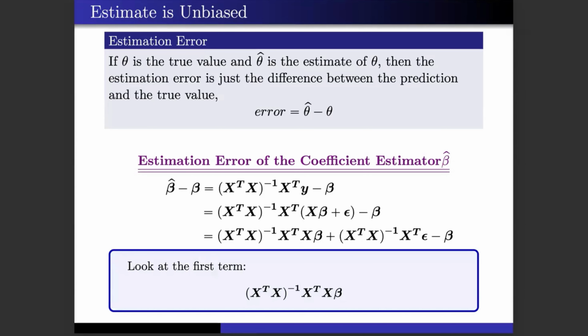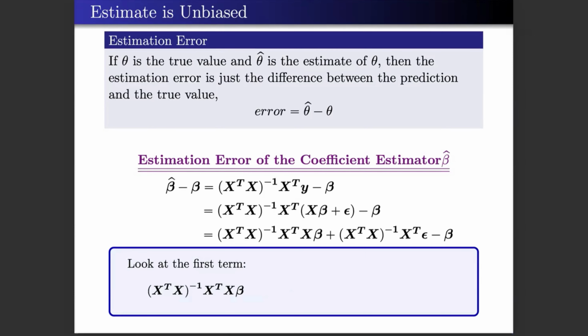Let's start by looking at the first term, (X transpose X) whole inverse X transpose X beta. In this term, we group X transpose and X together. And when we do that, we get (X transpose X) whole inverse multiplied by X transpose X. And then we write beta as it is.